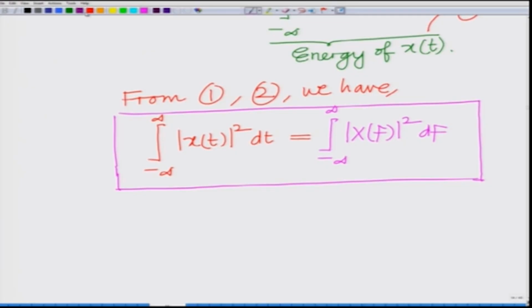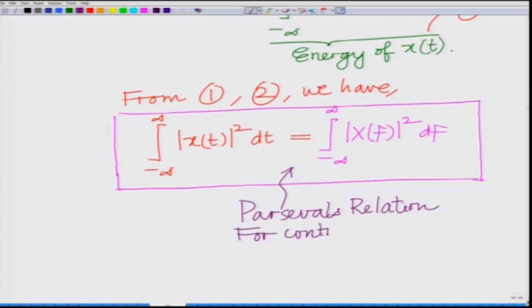This is known as Parseval's relation, or Parseval's theorem, for a continuous time signal.